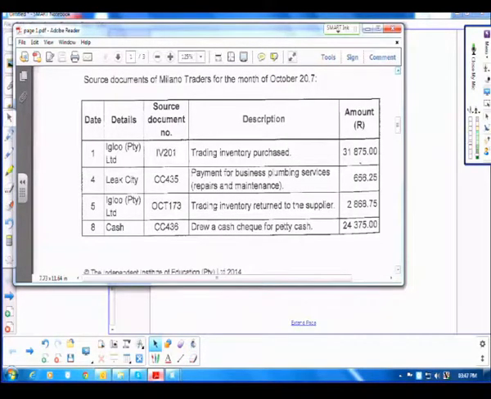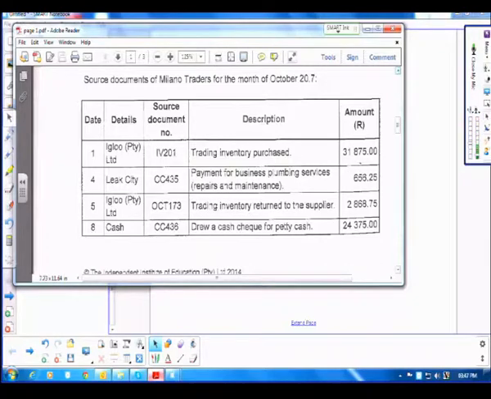All right, so here you see you are buying inventory, and then you see the source document says it's invoice. IV means you are using invoice. So if you use invoice, what does it tell you? Are you buying on credit or are you buying for cash?